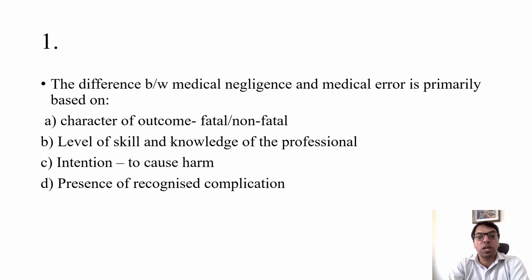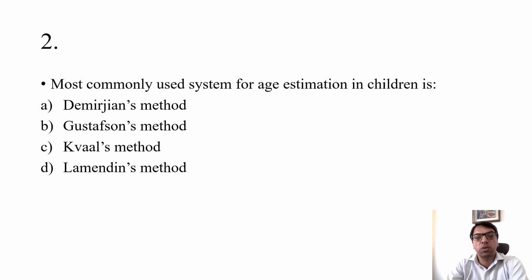So the presence or absence of any complication does not rule out or add to medical negligence or medical error, but it is the level of skill and knowledge of the professional, which if not applied in the present case, leads to medical negligence. So the difference between medical negligence and medical error is primarily the level of skill and knowledge of the professional, not the other options. Moving on to the second question.